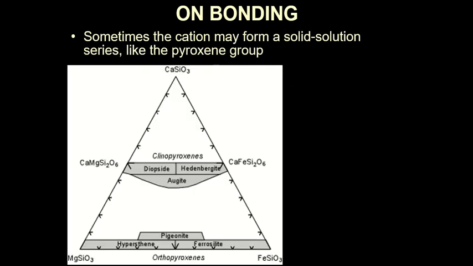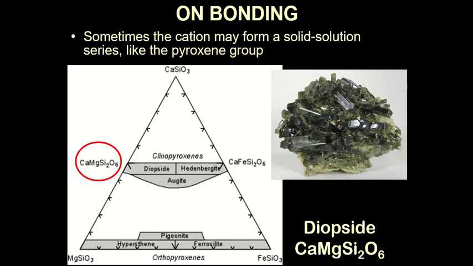Sometimes the cation may form a solid solution series, like the very important pyroxene group. So here's an example of a pyroxene, diopside, a very nice green mineral you will find in metamorphic rocks. Here you can see it's a silicate, SiO2, and on the other side, the cation side, it has calcium and magnesium.